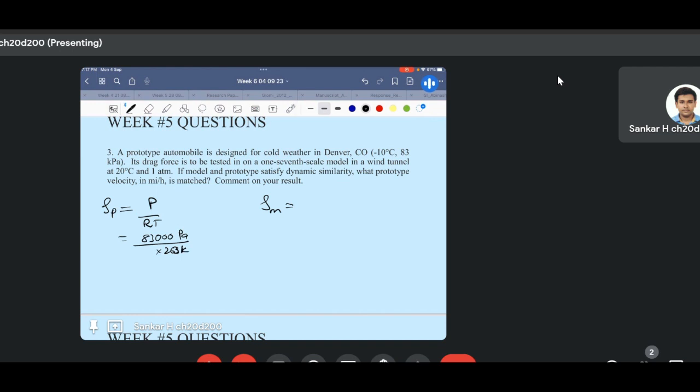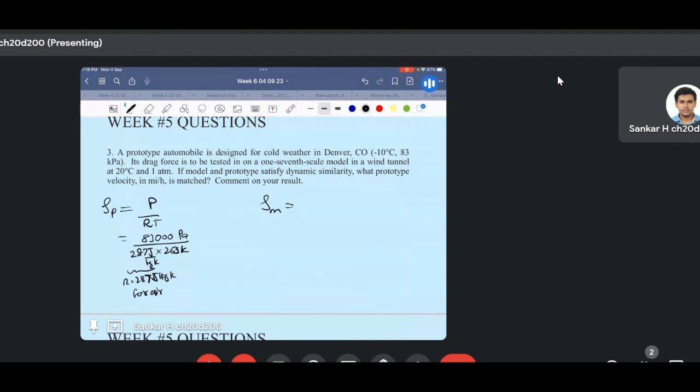It is 287 joules per kilogram Kelvin, for air.